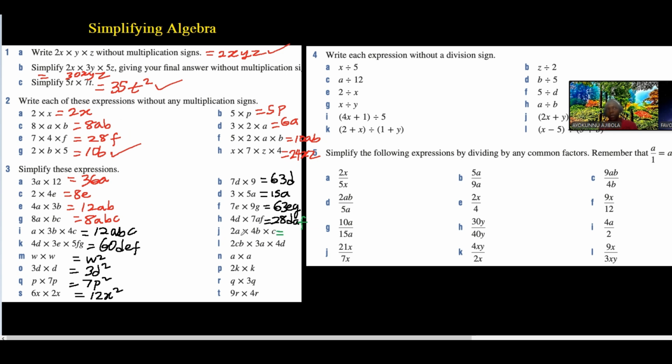Then 2 times 4 is 8. That's 8ABC, right? Yes. Then 2 times 3 times 4 is what?